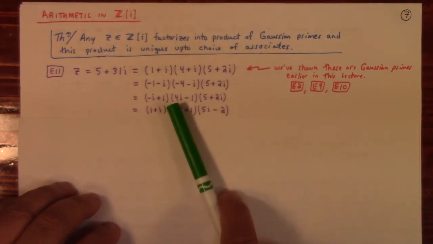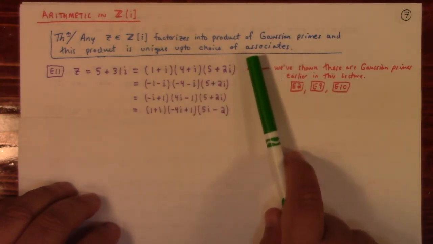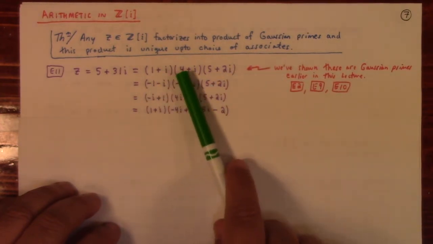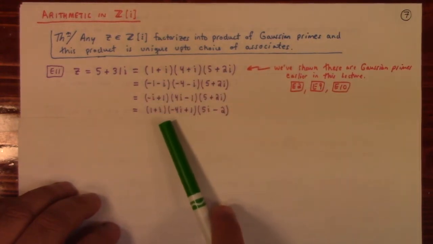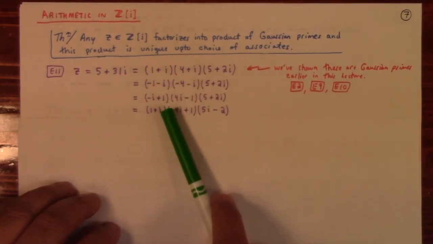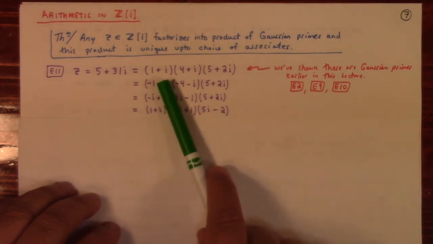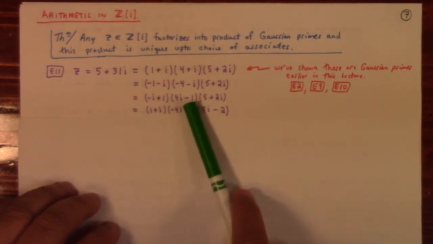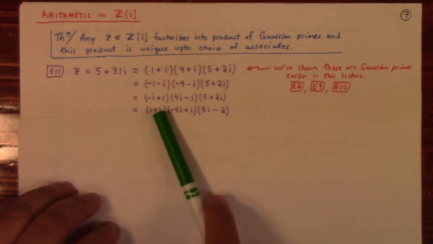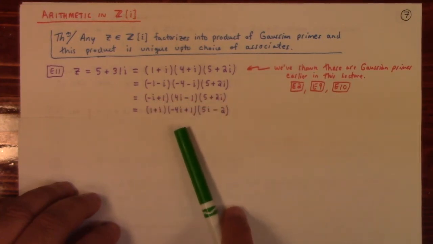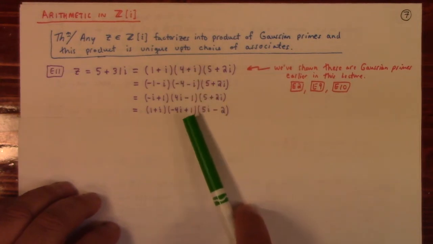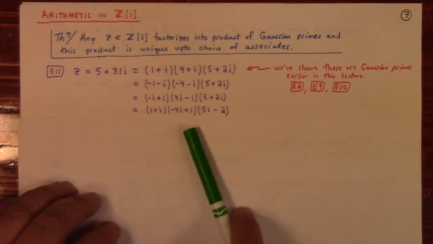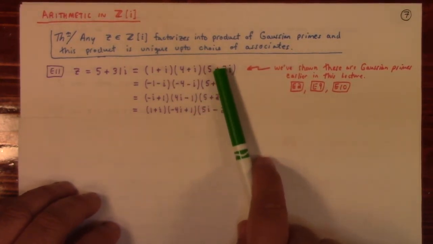And I wanted to emphasize what I mean by up to choice of associates. See, I can multiply this one and that one by -1, and this is another way to write that product. Or I could multiply this one by i and this one by -i, and that gives me this times that. Or I could leave the first one alone and multiply the second one by -i and the last one by i respectively.